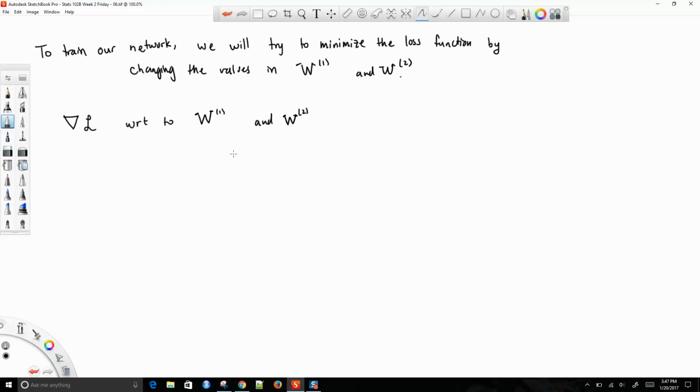So we have to find the gradient with respect to each of these weight matrices, or basically the derivative with respect to these weight matrices. And this is what's known as back propagation.